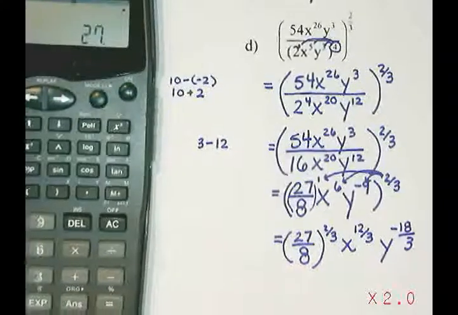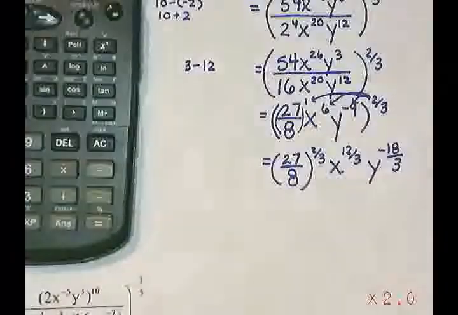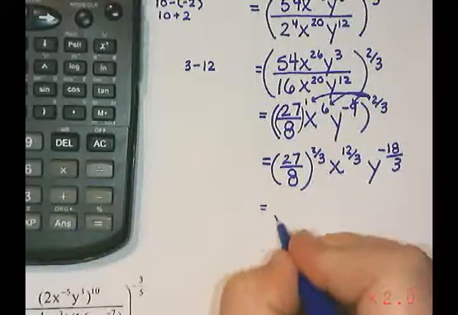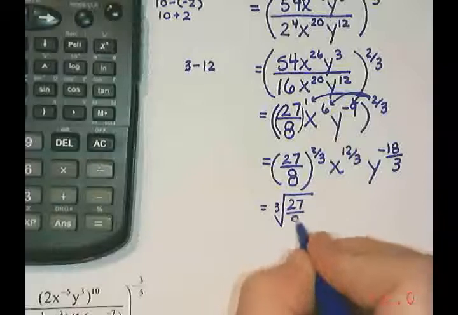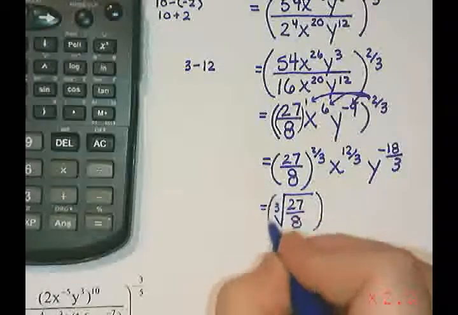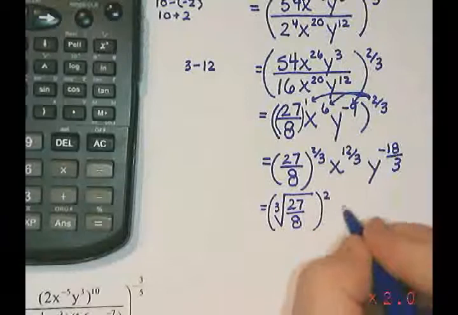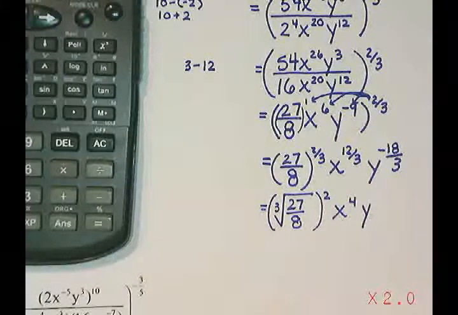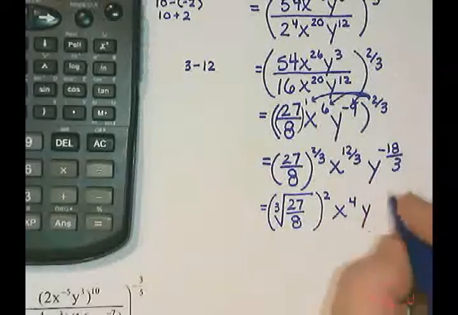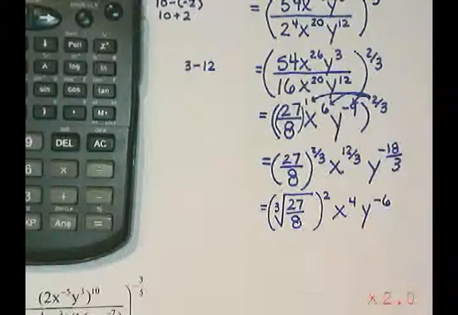Okay, 27 over 8 to the 2/3. That is going to be the cube root of 27 over 8 squared. X to the power of 12 divided by 3 is 4. And negative 18 divided by 3 gives me y to the power of negative 6.